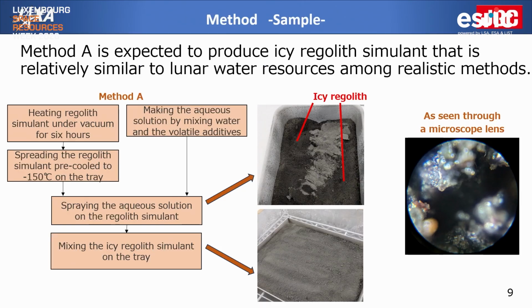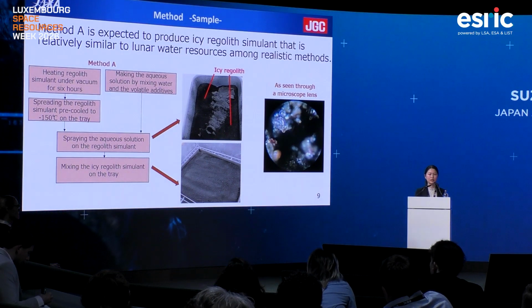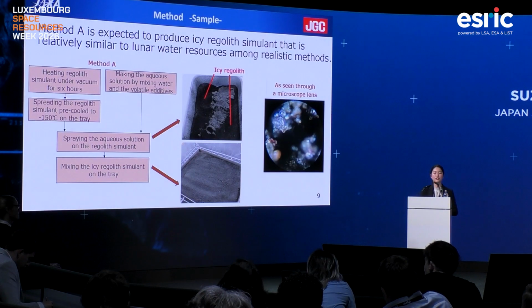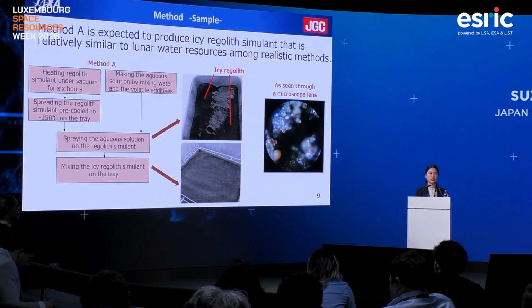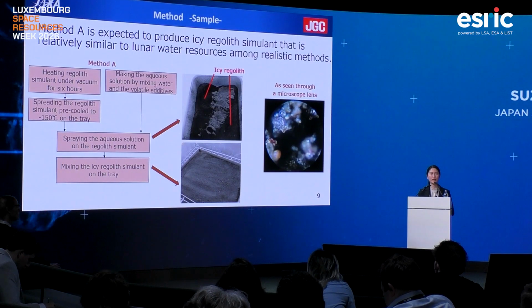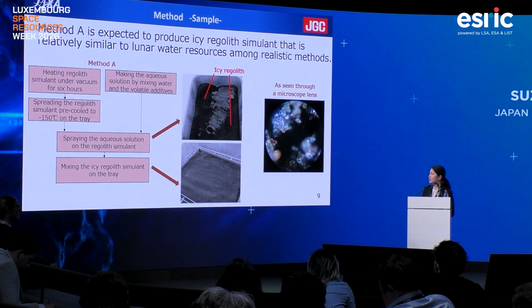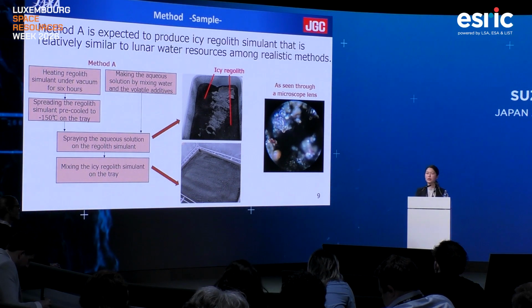First, making the aqueous solution by mixing water and the volatile additives, and at the same time, heating regolith simulant under vacuum environment for more than 6 hours to remove impurities. And then spreading the regolith simulant on the tray and pouring liquid nitrogen to pre-cool it to minus 150 degrees Celsius. And then spraying the aqueous solution we made on the regolith simulant above the tray.